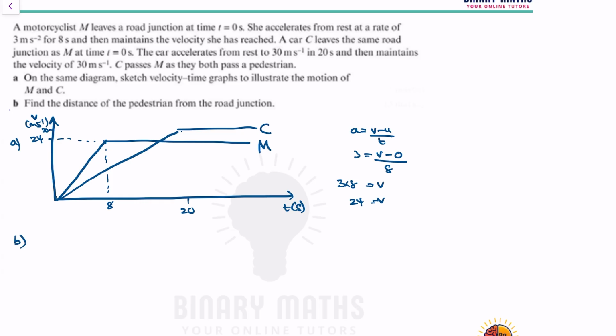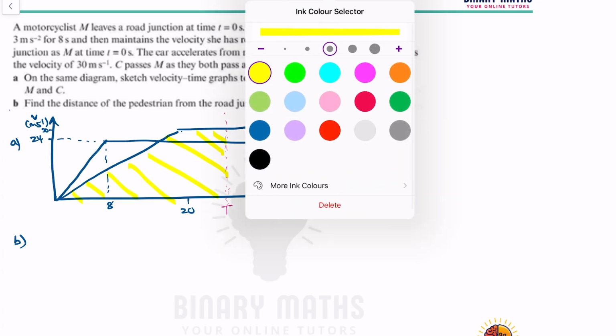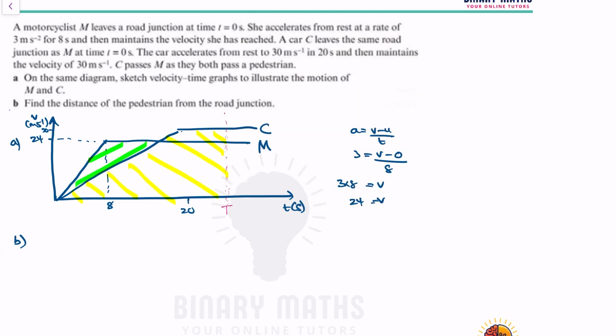So part B. So if I call this somewhere here, let's call this T, somewhere here, the time that they meet. So what we do know is the area under C, which is this one, must be equal to the area under M. Make sure I go up to the red line.